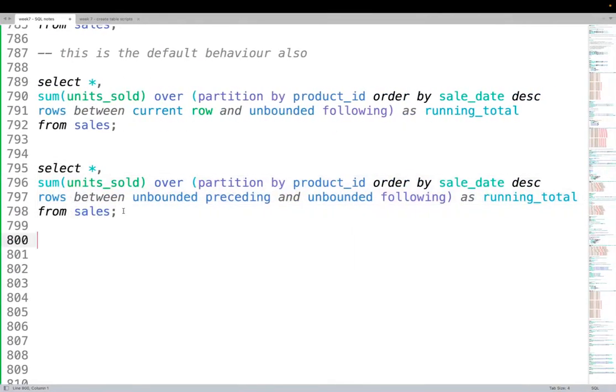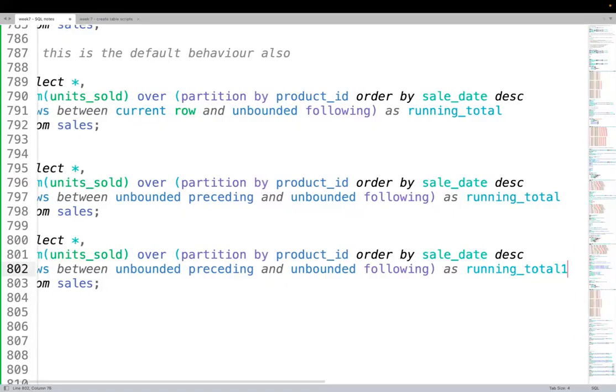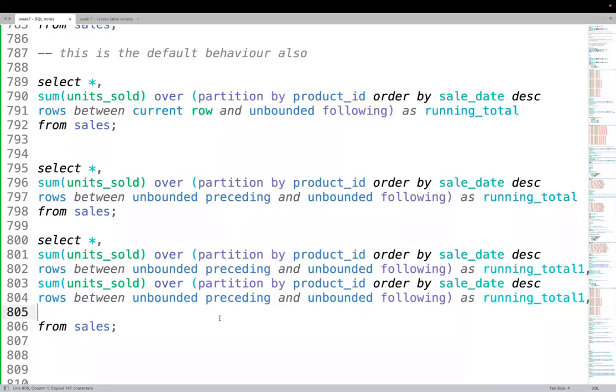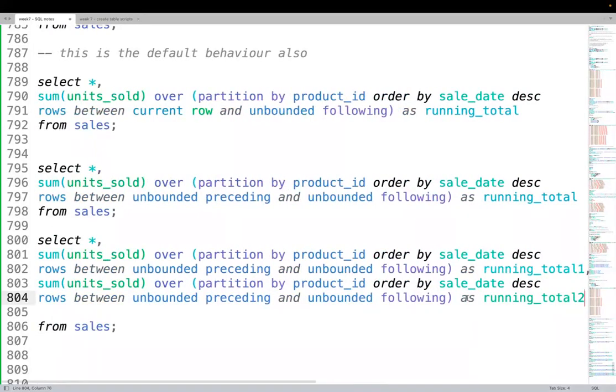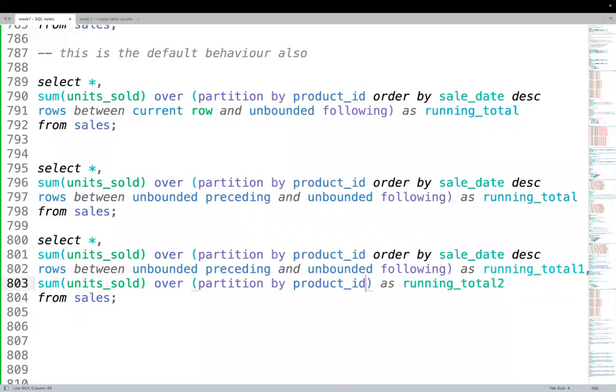Now, whatever we have written is equivalent to, I will just say comma here, the running total 1, comma, and I copy this. Running total 2, removing this comma from here, and if I even say partition by product ID and remove this order by entirely, don't you feel it's the same result?